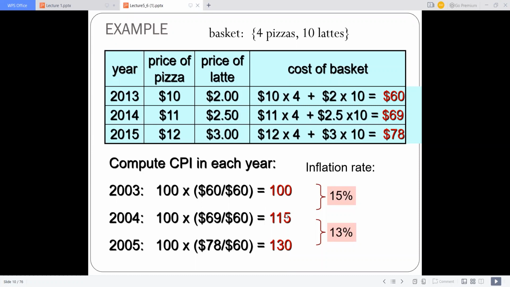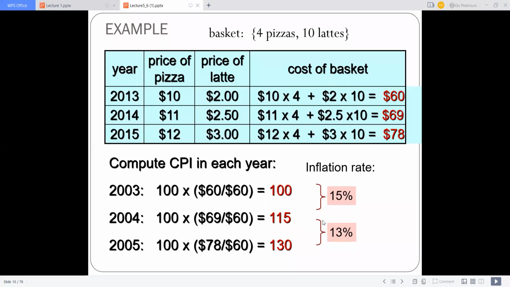So if I want to compute the inflation rate for 2004, I look out for the CPI for the current year minus the CPI for the previous year. Here, the previous year is 2003, divided by the previous year times 100. So here it is 115 minus 100 all over 100 times 100.